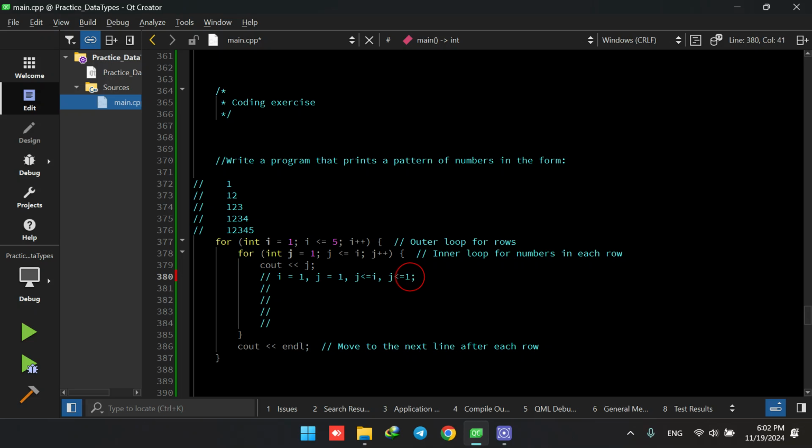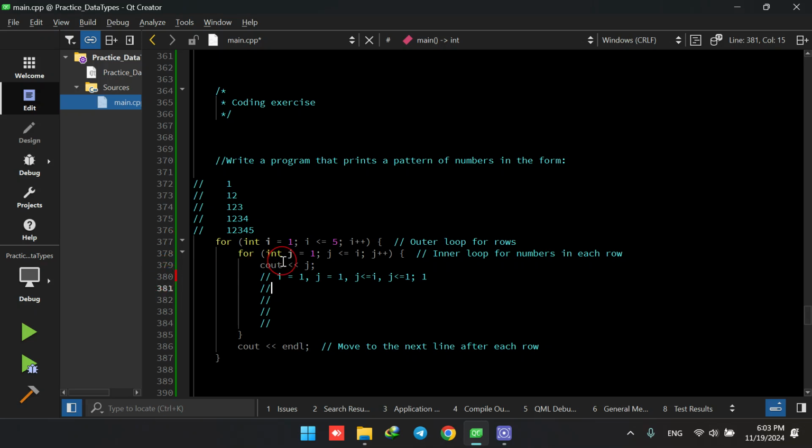Only one iteration for j is allowed because it already starts from 1 and it must be lower than or equal to 1. So when I equals 1, j equals 1, and the result would be 1.